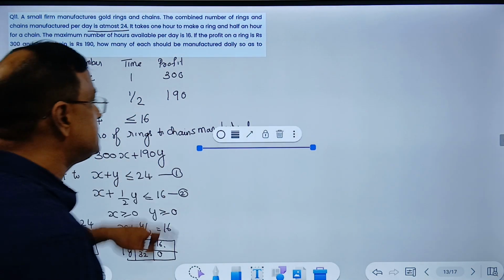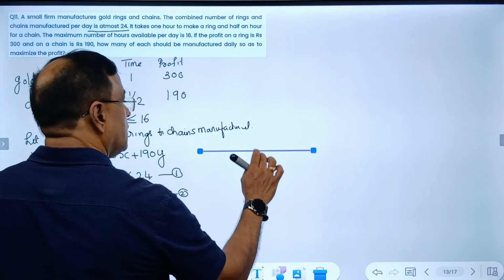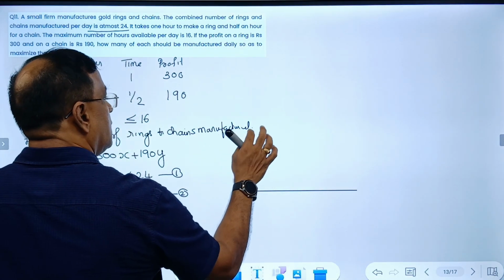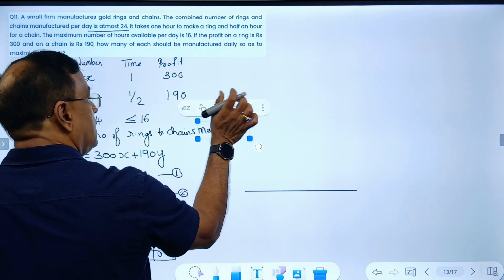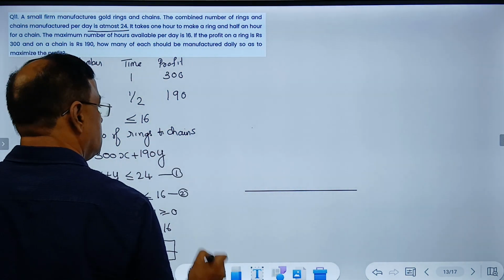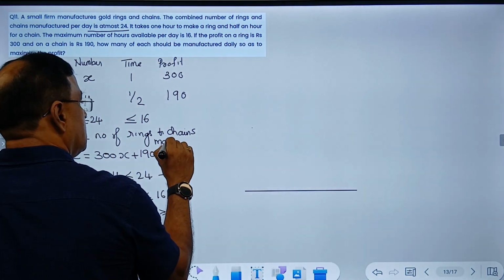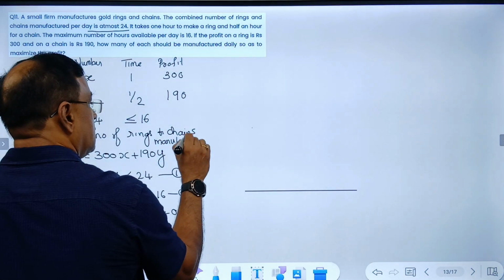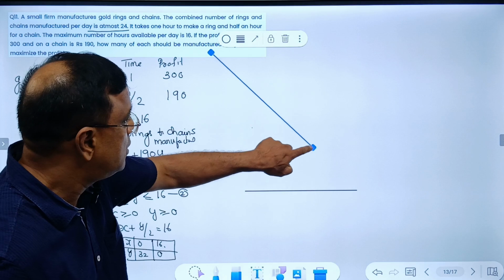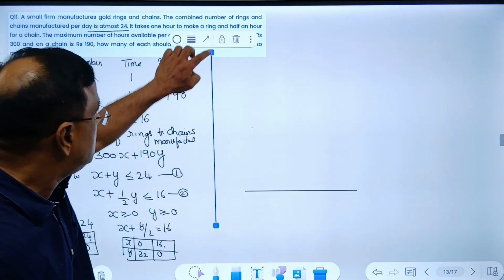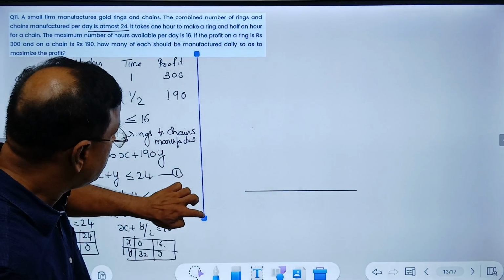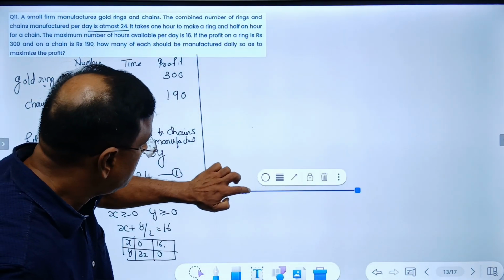Let's take the x-axis. This is my x-axis and this is my y-axis.